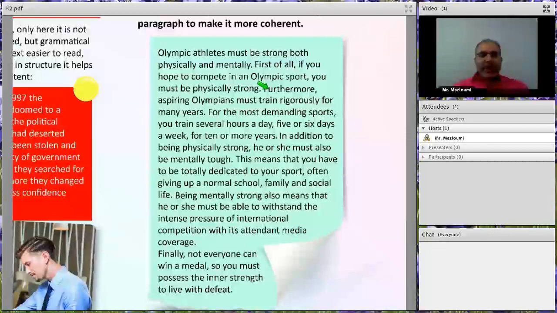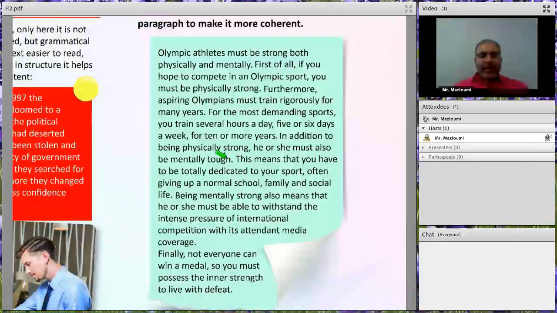For the most demanding sports, you train several hours a day, 5 or 6 days a week for 10 or more years. In addition to being physically strong, he or she must also be mentally tough.